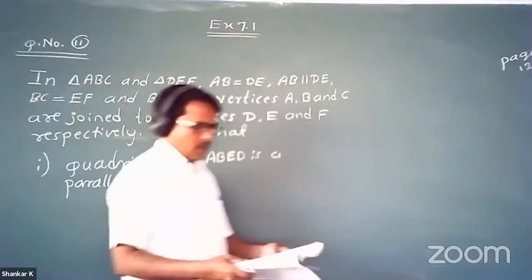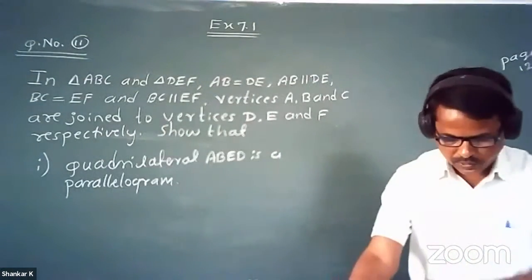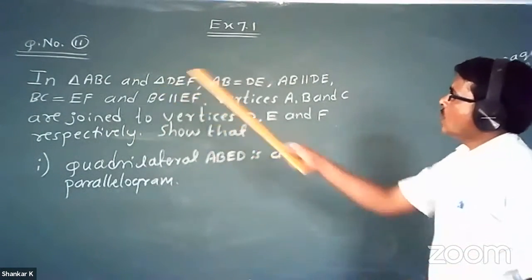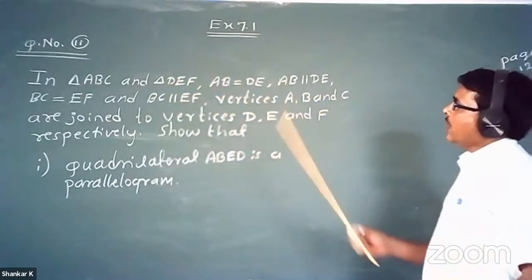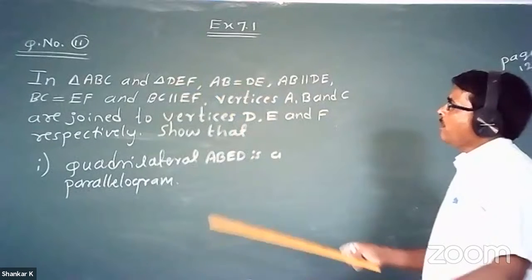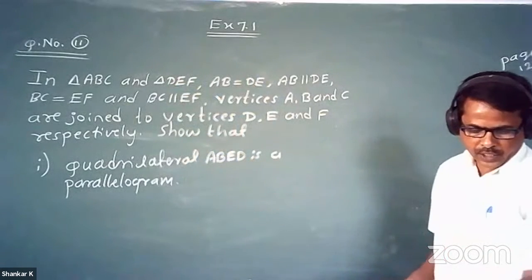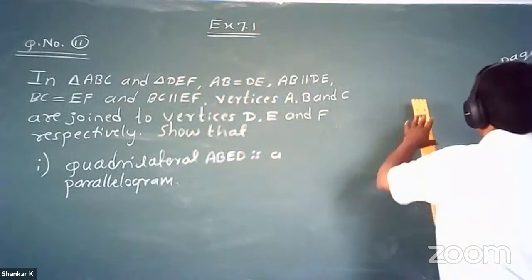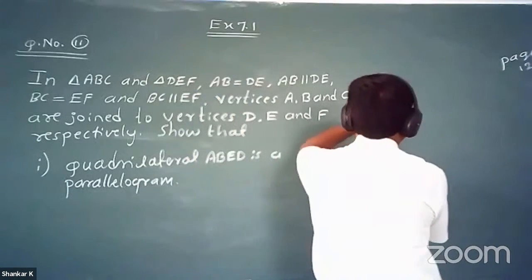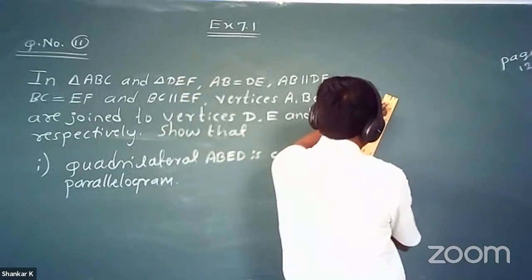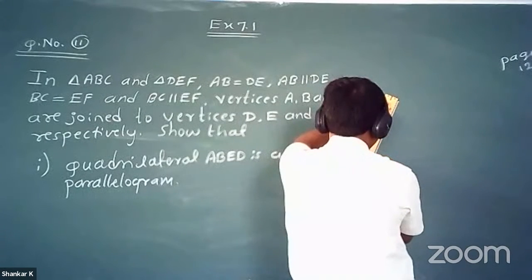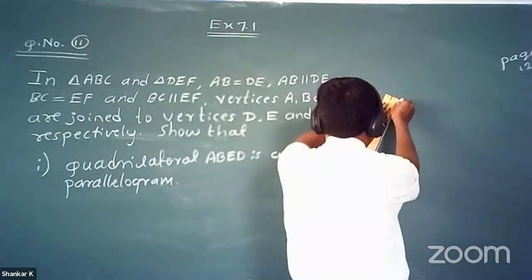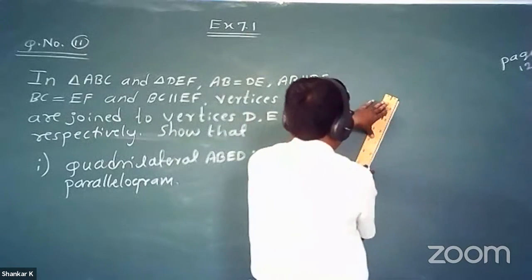Okay. According to what is given, we shall draw the diagram first. In triangle ABC and DEF, AB equal to DE. How they have given, that way we shall draw first. Here I am going to draw.